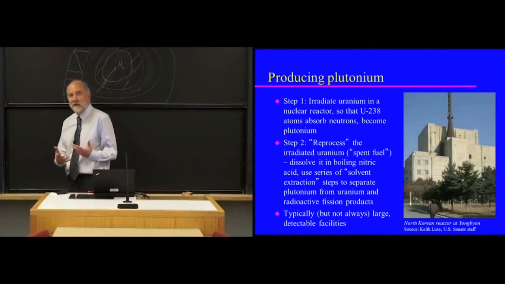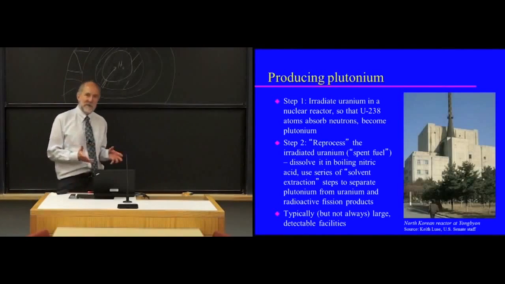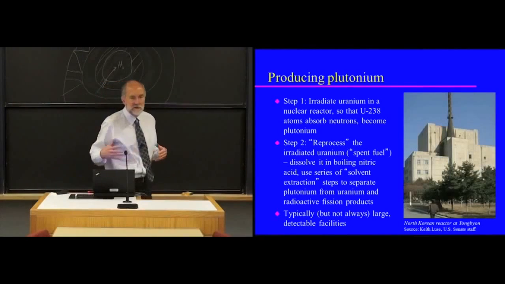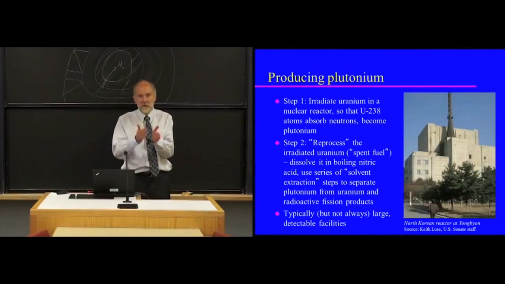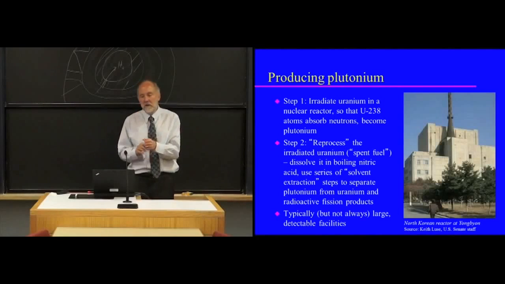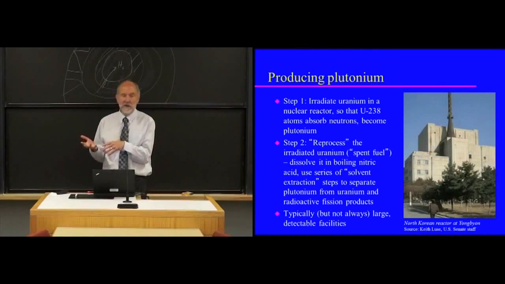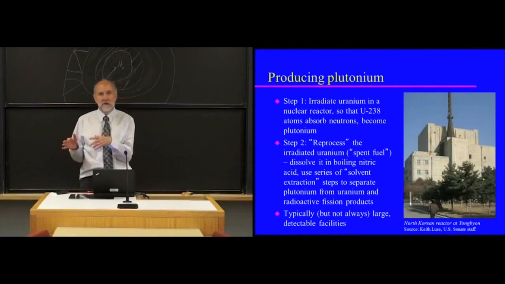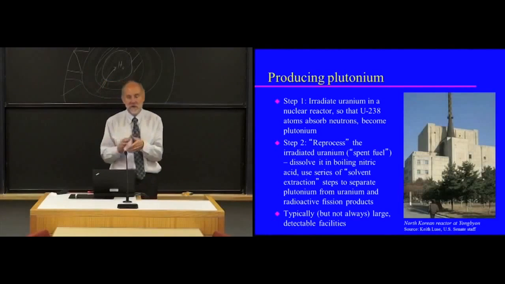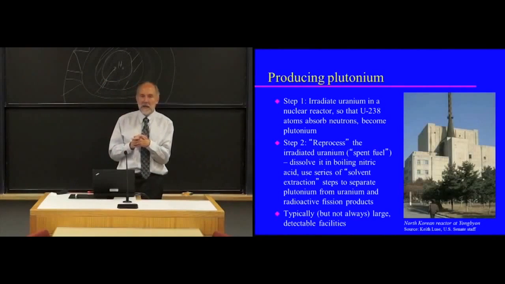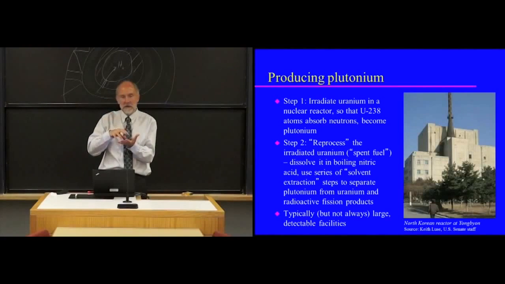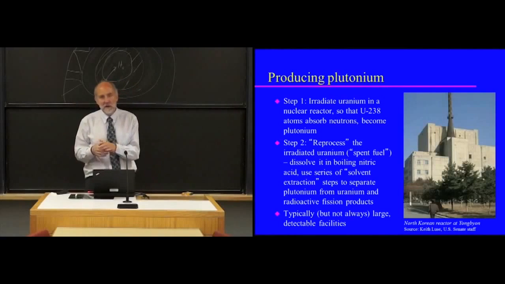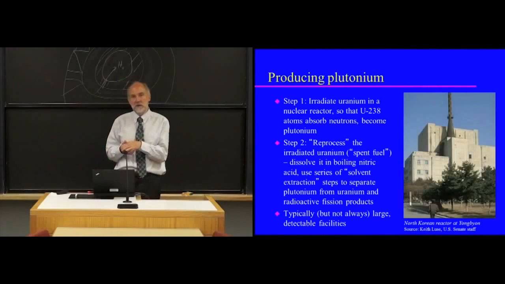Well, in the main technique that was originally developed during World War II and has been used since then, you chop the spent fuel into little pieces. The pieces get dumped into boiling nitric acid to dissolve the uranium, plutonium, and fission products. Then you take that nitric acid and contact it with some organic material. These days they use an organic solvent called tributyl phosphate.